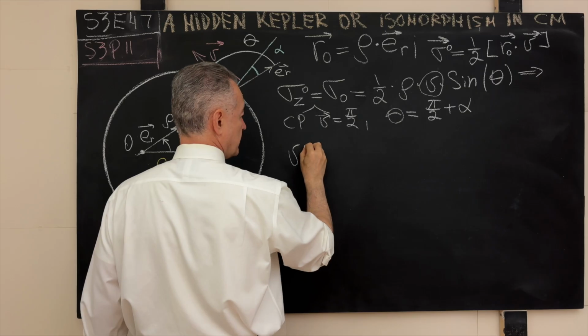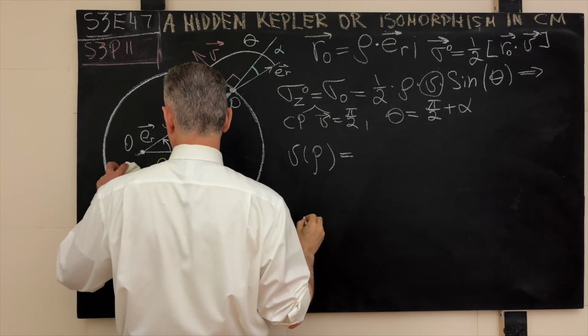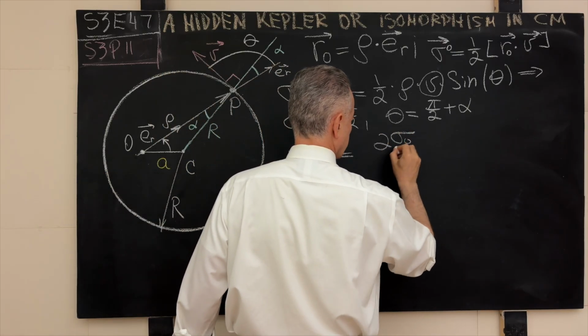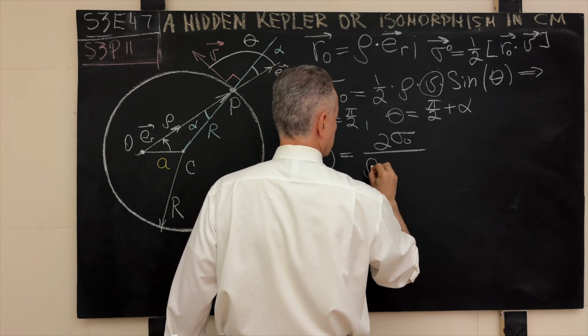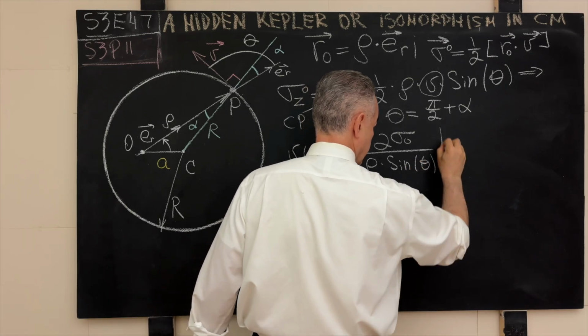The velocity as a function of rho, the distance between the point P and the off-center point O, will be twice sigma 0 divided by rho times the sine of the angle theta.